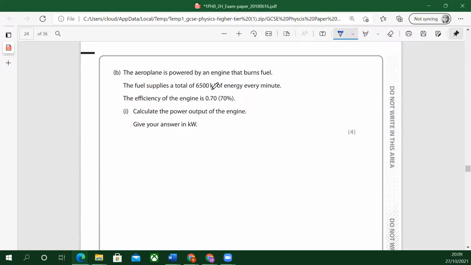So 6,500 kilojoules every minute. Let's write that down first. But it's only 70% efficient, so we can straight away times it by 0.7 to get the energy, 4,550 kilojoules per minute.